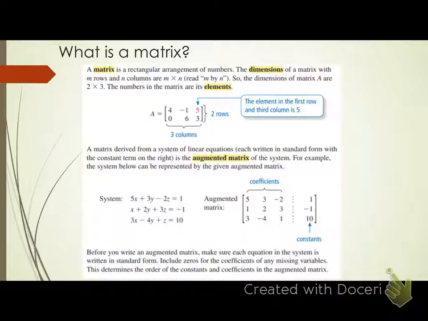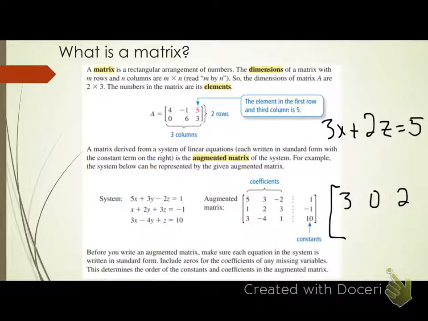And what that second part means is if I have an equation that is 3x plus 2z equals 5, in the matrix it would be 3, 0, 2, 5. I have that 0 there because I don't have a y term.